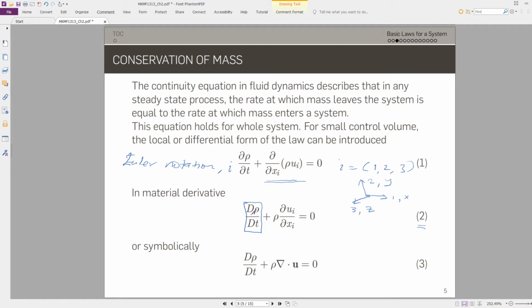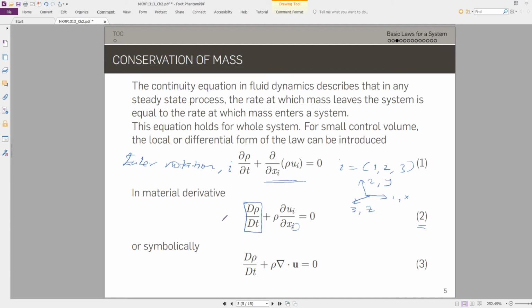The material derivative is often represented as in equation number 2. So we have the capital D rho divided by the capital Dt plus rho du i over dx i. So i here again represents the index notation, which again represents the directions of the flow, whether it is in the x, y, or z direction.